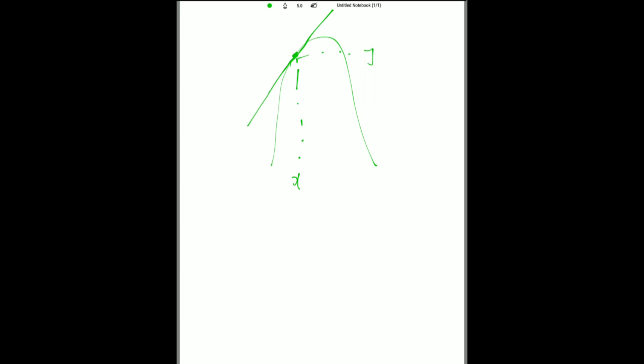To find the instantaneous rate of change at this point, x, y, we merely find the gradient by counting by hand, making a very good estimate. We do that by counting the number of steps across and the number of steps up, and we divide the number of steps up by the number of steps across. And we'd have our gradient.